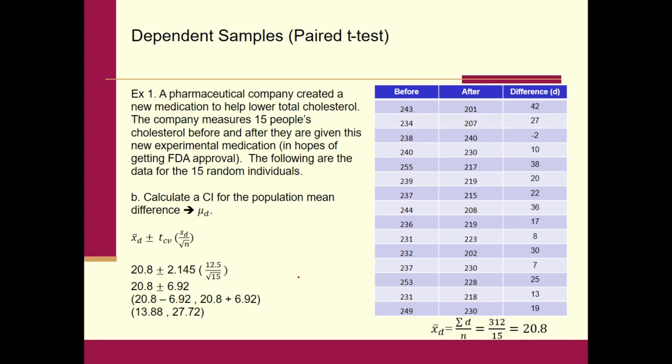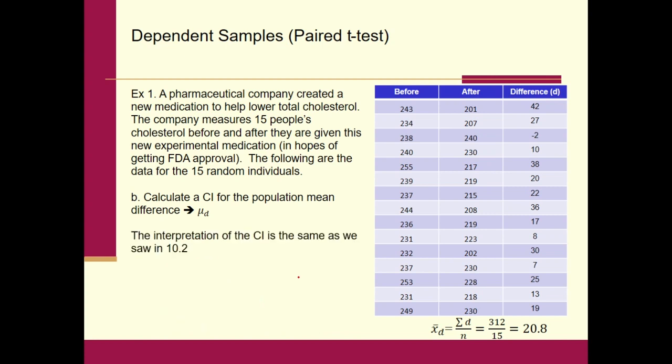And what is that confidence interval for? Mu sub d. So we think mu sub d is located between 13.88 and 27.72. What does that mean? The interpretation is exactly the same as we saw in 10.2.